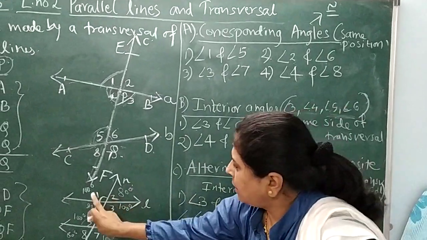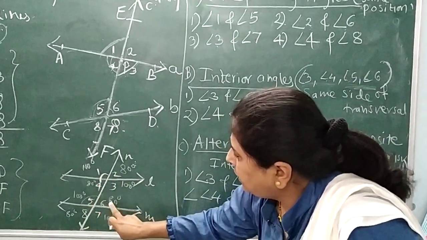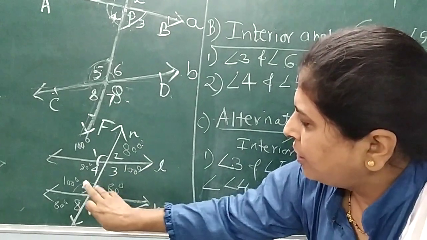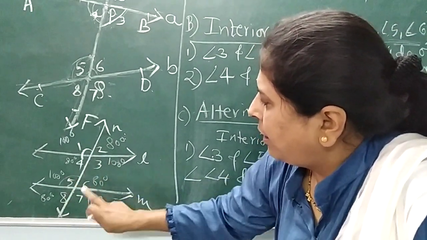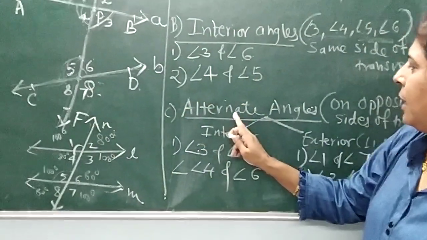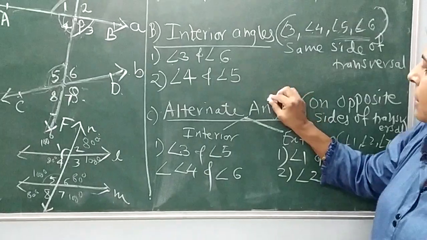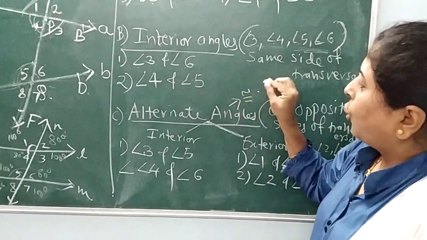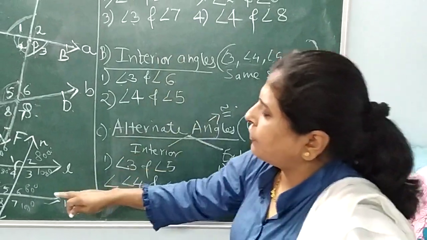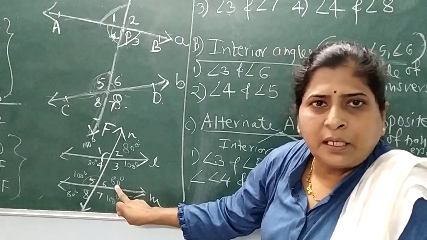Similarly, you can see that alternate interior angles are 80 degree, 80 degree, 100, 100. So these 2 are also equal, 100, and even 100, 100, exterior, yes. So alternate angles, whether interior or exterior, are also congruent. But what about interior angles? Now interior angles are what? 3 and 6, these are the interior.